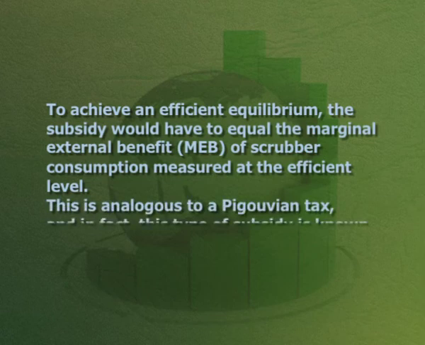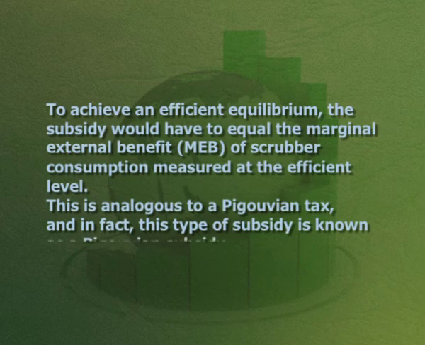This is analogous to a Pigouvian tax, and in fact this type of subsidy is known as a Pigouvian subsidy. It is a per unit payment on a good whose consumption generates a positive externality, such that the payment equals the MEB at QE shown in the diagram.